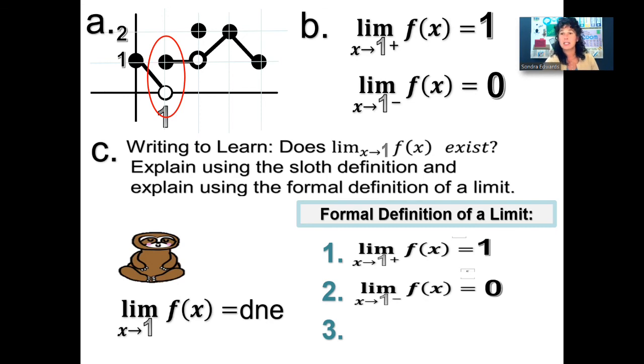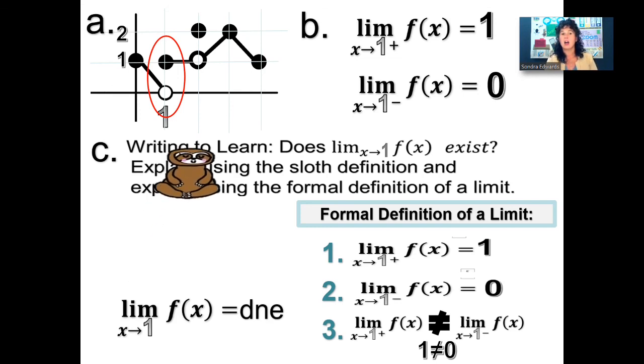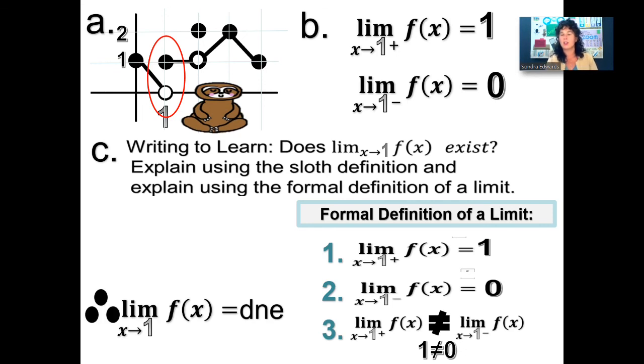All right, then the third step is the limit from the right and left have to equal each other, but in this case they do not, because 1 does not equal 0. So sending the sloth there up next to the fact that it was a break, we're going to use that piece that's already there and say, therefore, da-da! We're just declaring that the limit as x approaches 1 of f of x does not exist.